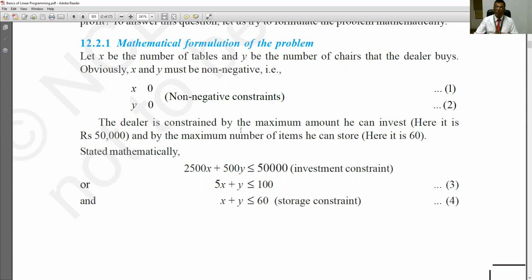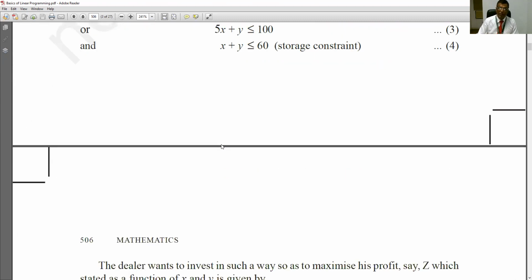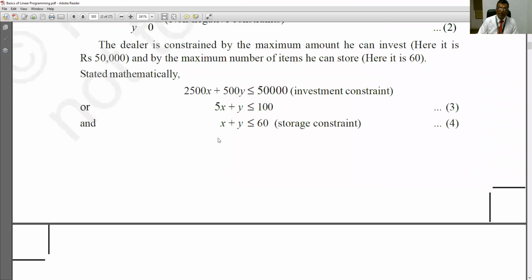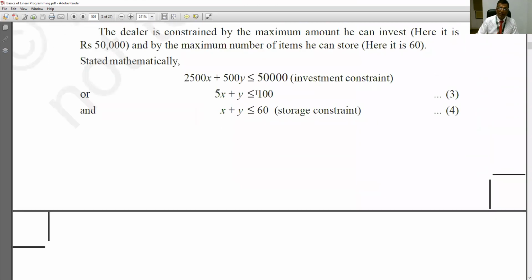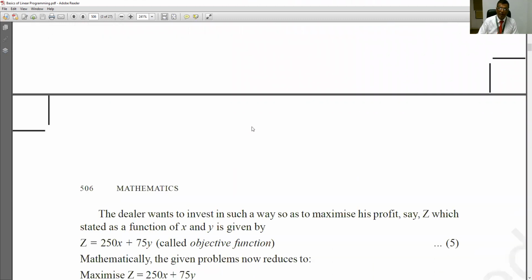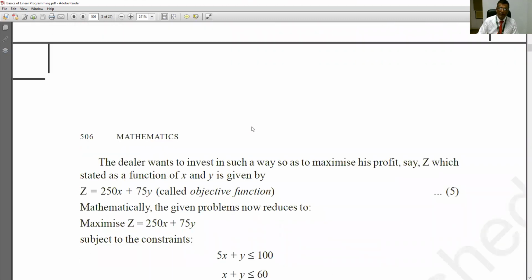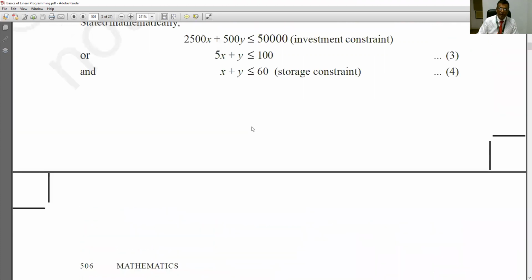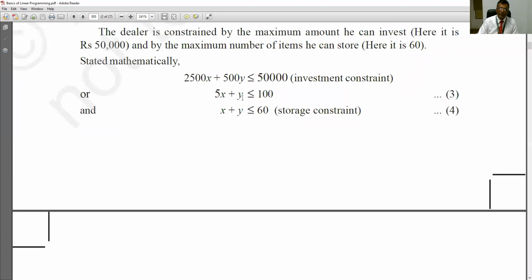This is the formulation that you can formulate. And 5x plus y less than or equal to 100, that you have taken here. This is one equation, and x plus y less than or equal to 60 is the storage constraint.